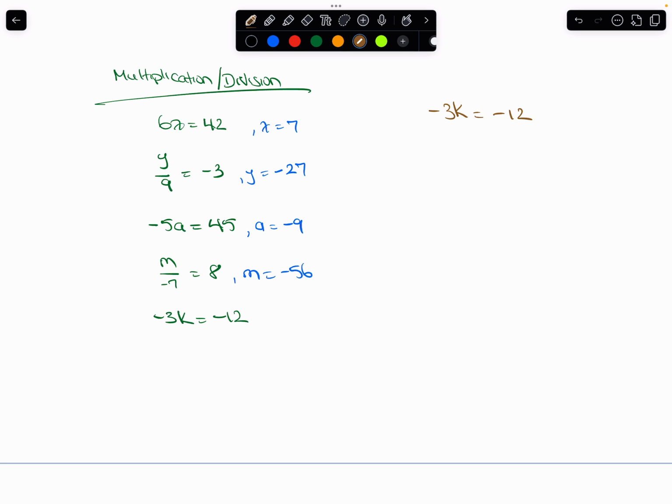And our last question, opposite of multiplication, division. Make sure you do it on both sides.